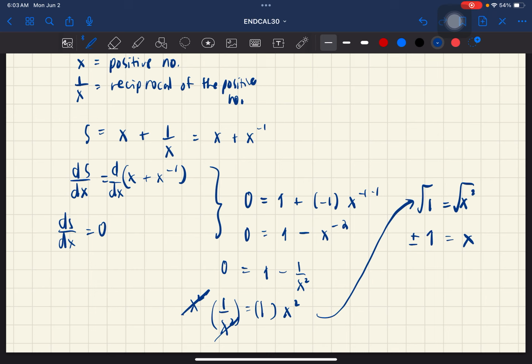So we have two values. Let's write down the two values. x1 is positive 1, x2 is negative 1. However, we remember we are looking for x as our positive number here. So we reject the negative number and then we keep x1 as the answer.